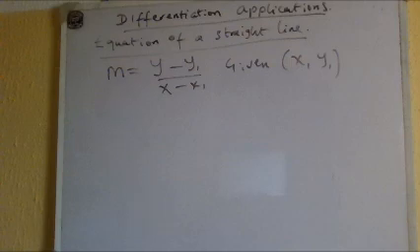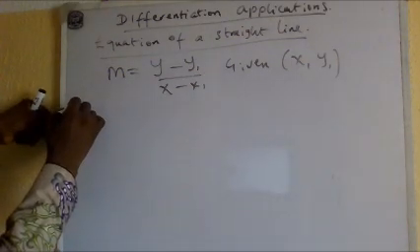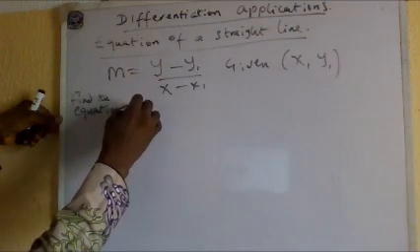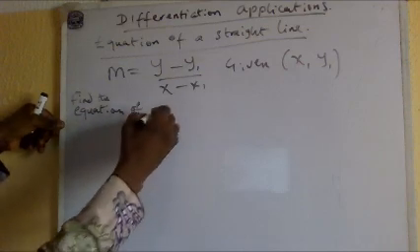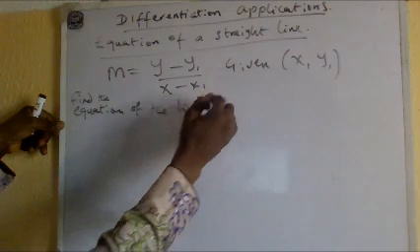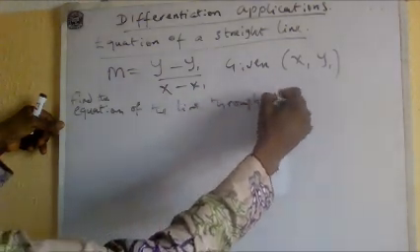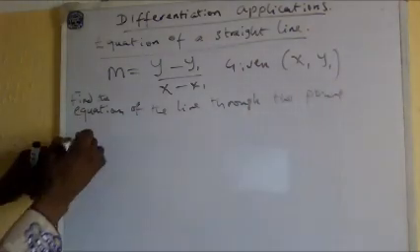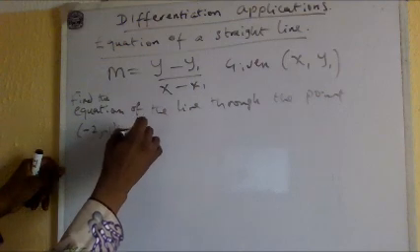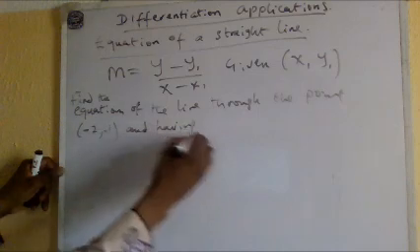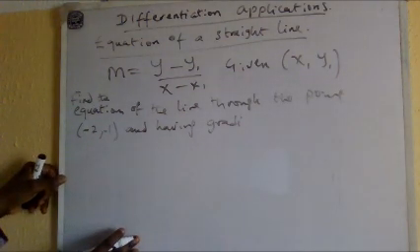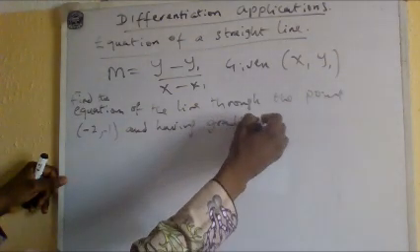So if, for instance, we're saying that we should find the equation of the line through the point -2 and -1, having gradient half.